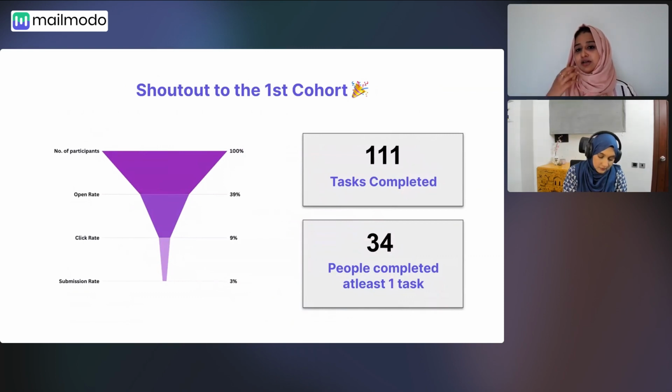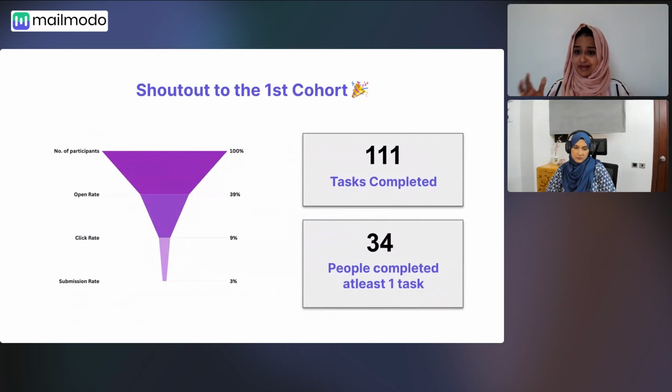And along with the tasks, we had a lot of engagement to our AMP widgets, which is why you also see a submission rate there, wherein we were asking participants to share their feedback, to also share if they've completed the task or not, questions, etc. So overall, we've had around 111 tasks completed, and at least 34 people have completed at least one task. So that's pretty awesome.